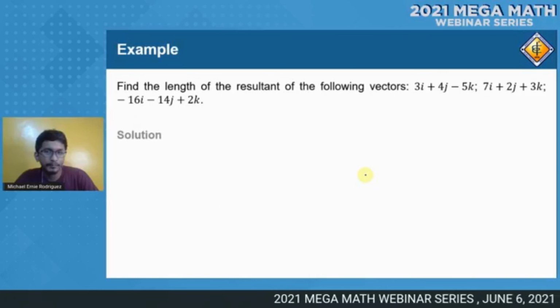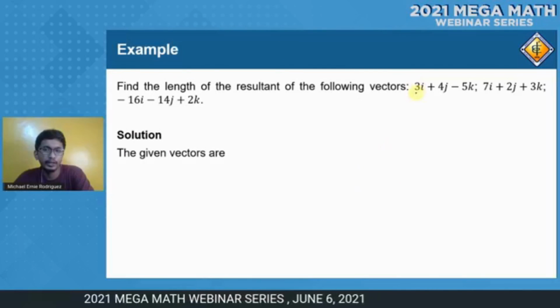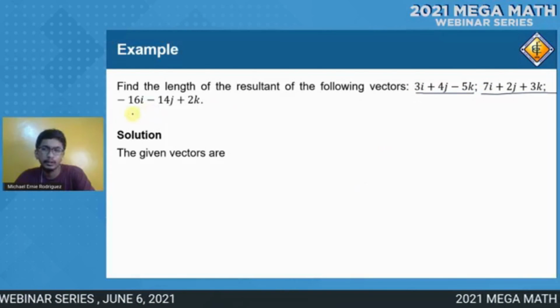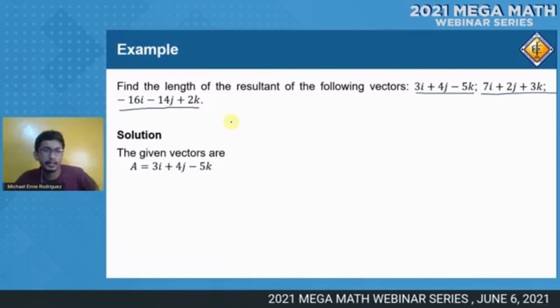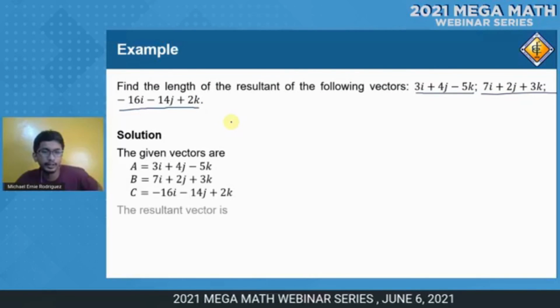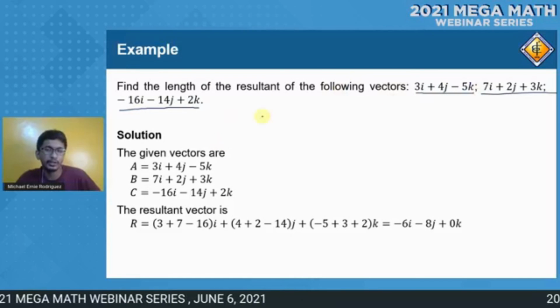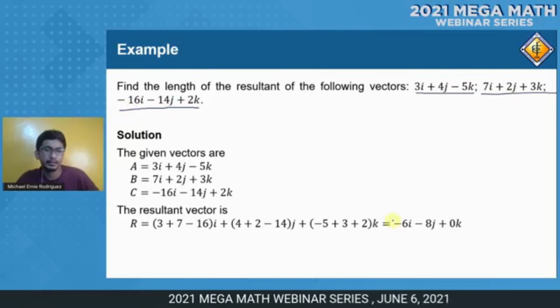Okay, so that is how it works for vectors. And then this one is the length of the resultant vector. So you have 3 given vectors here. When looking for the length of a resultant vector, what we do is add the three vectors, corresponding terms. So 3i plus 7i minus 16i, and so on.